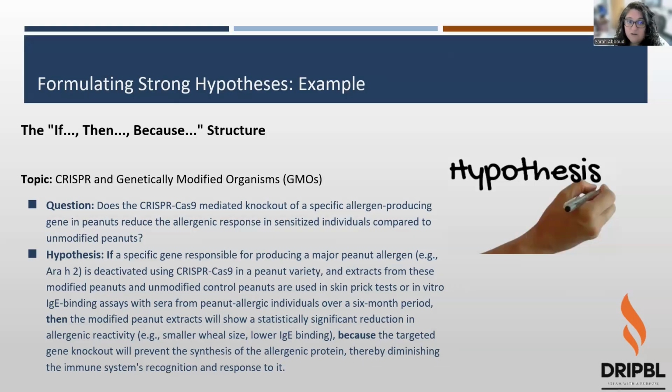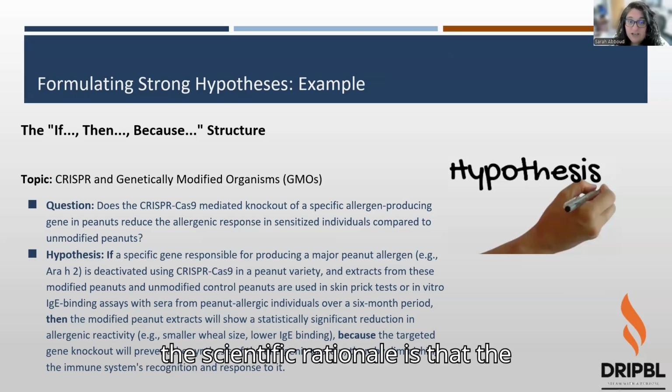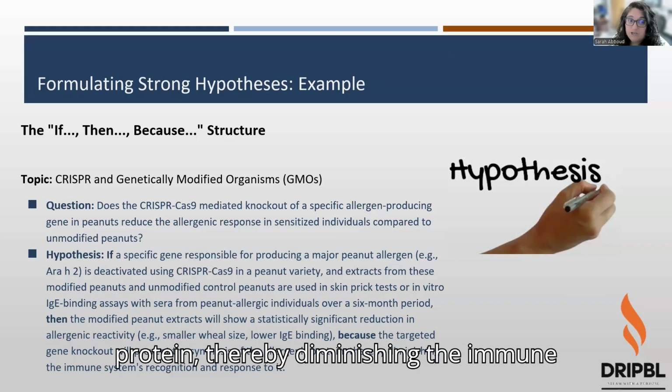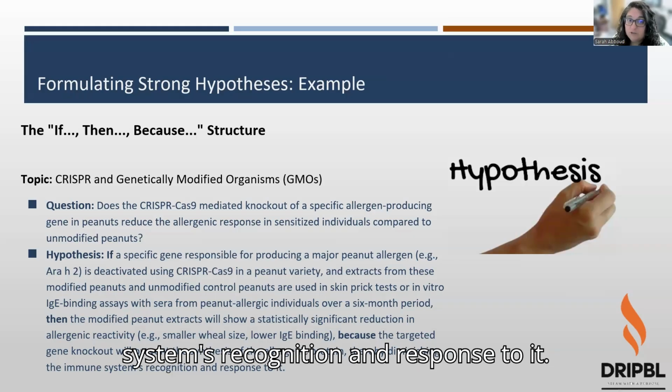Then our next part of the statement is because. So because the scientific rationale is that the targeted gene will knock out and prevent the synthesis of the allergenic protein, thereby diminishing the immune system's recognition and response to it.